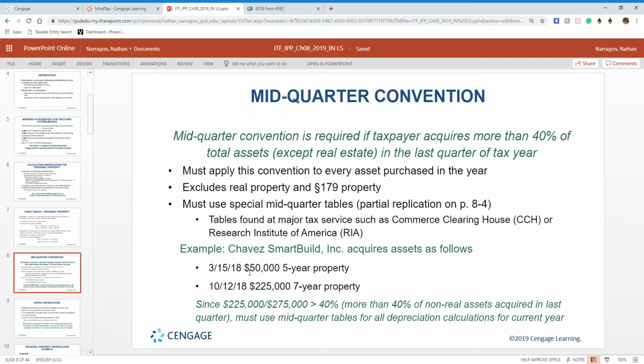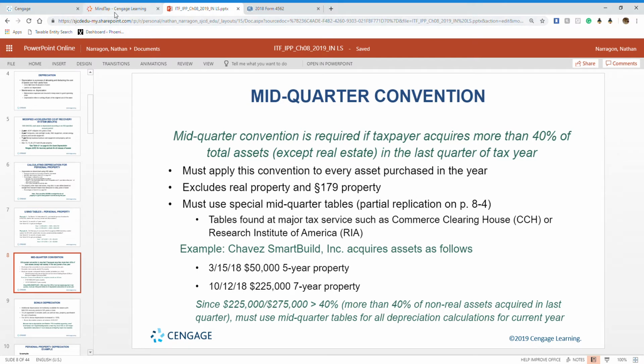And as you can see, definitely just viewing, 225,000 is going to be greater than 40% of total assets of 275,000. Basically add these two, and if everything bought in the last quarter is greater than 40%, that will tell us that we need to use mid-quarter tables.